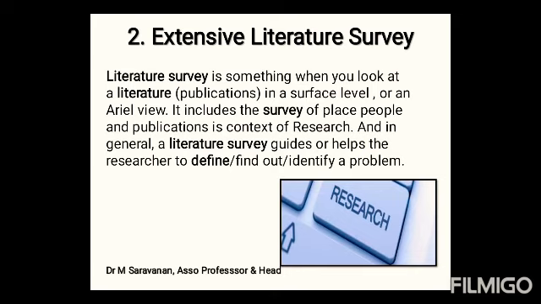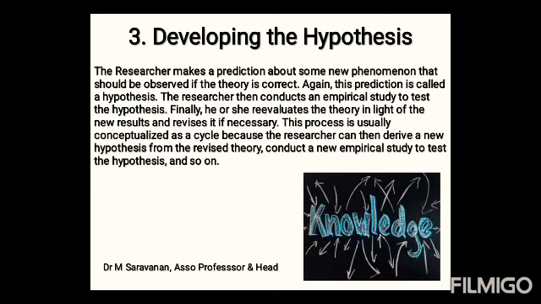The third important step in research process is developing the hypothesis. A hypothesis is nothing but an assumption which can be proved or disproved. The researcher makes a prediction about some phenomenon that should be observed if the theory is correct. Again, this prediction is called a hypothesis. The researcher then conducts an empirical study to test the hypothesis.